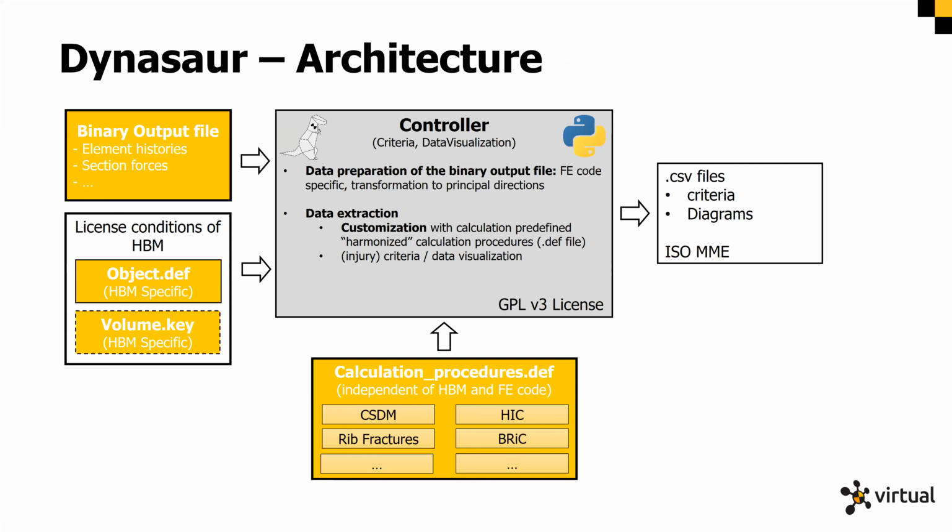So we use the Lasso library to extract our data from the binary output file, but then afterwards the data handling, let's call it like that, that's then really the Dinosaur specific part. Exactly. For instance, if you take the rib fracture criteria, then you have to do further calculation than just using that. And so we also wanted to harmonize the calculation method in there as well.